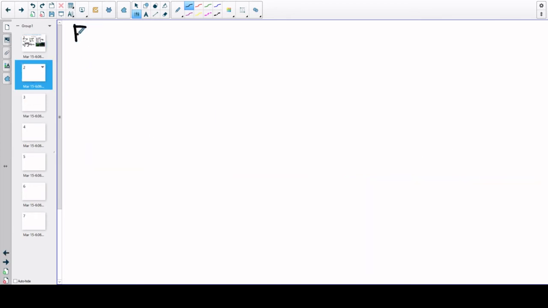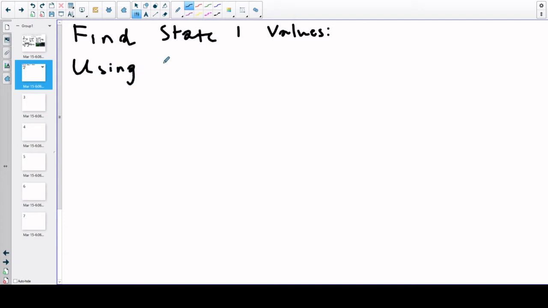So, to begin, we are trying to find all the values associated with state 1, your H's and your PRs. We are given the temperature of state 1, and since this is air standard analysis, we can just go to the air tables, which is A22E, and look across the table and find all of our values.